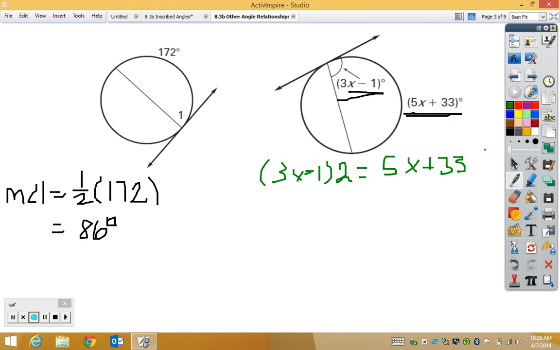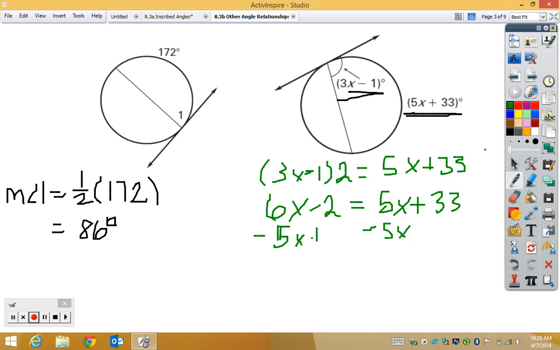So we distribute the 2, we get 6x minus 2 equals 5x plus 33. So if we subtract 5x from both sides and add 2 to both sides, we get x equals 35.